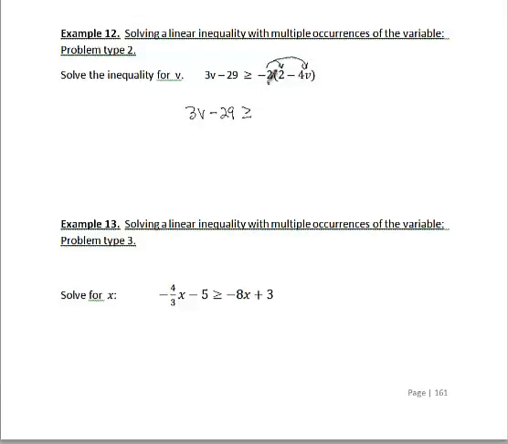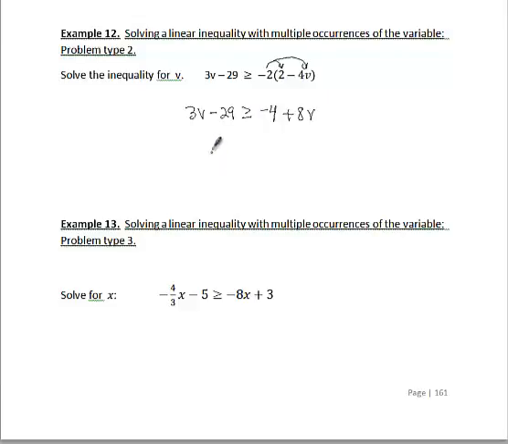This negative 2 was already a part of this expression, and so we distribute it. We get a negative 4, negative 2 times 2, then negative 2 times negative 4 results in a positive 8v. We have v's on each side of the inequality.